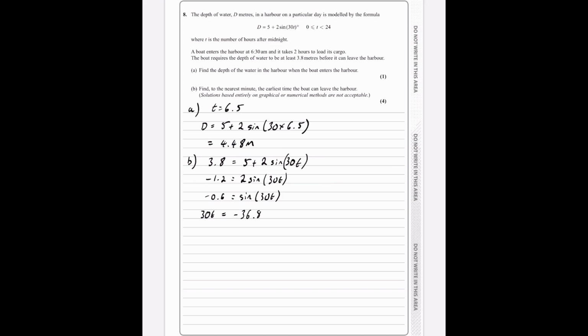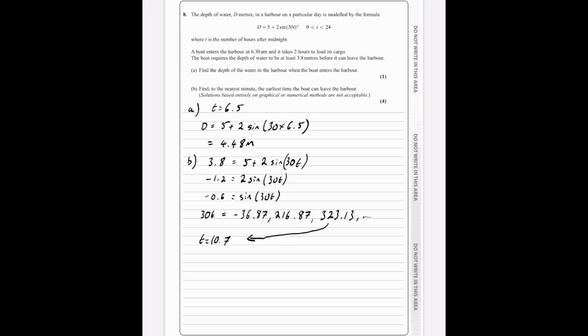However, we want the other solutions that are positive, so we can do a mixture of things. We can subtract negative 36.87 from 180 to get 216.87, or we can add 360 to get 323.13, or any other method that you use that is correct to solve trig equations.